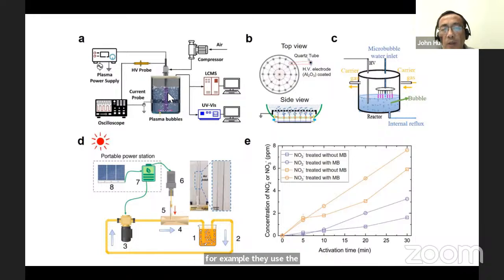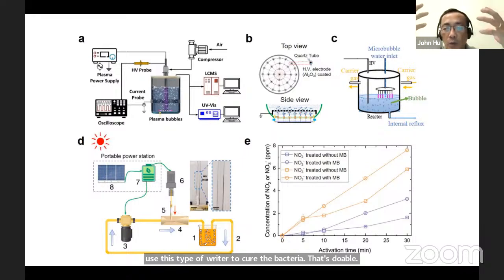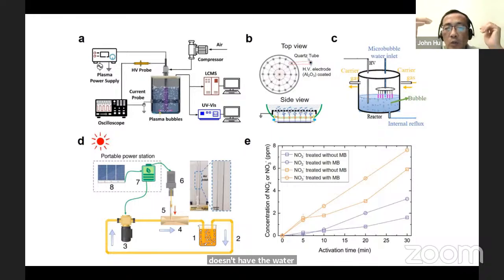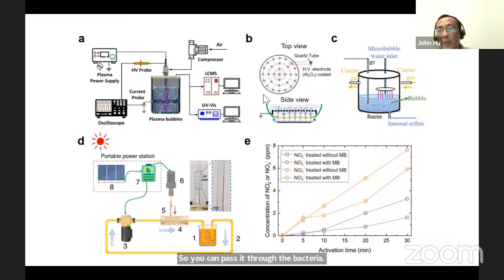this type of reactor to kill bacteria. That's doable. Let me put it this way: if you have a liquid, an aqueous phase with bacteria in it, you can pass the plasma through the liquid while flowing the liquid. But if you have a liquid and you are bubbling to make ammonia, that's a different scenario.